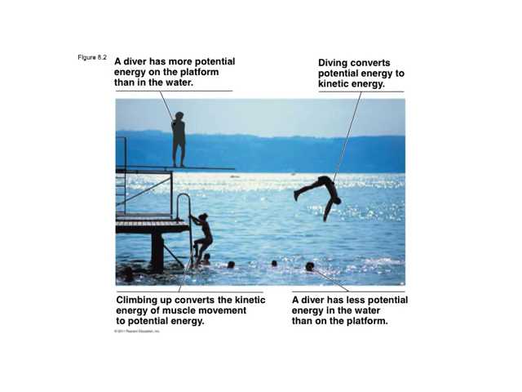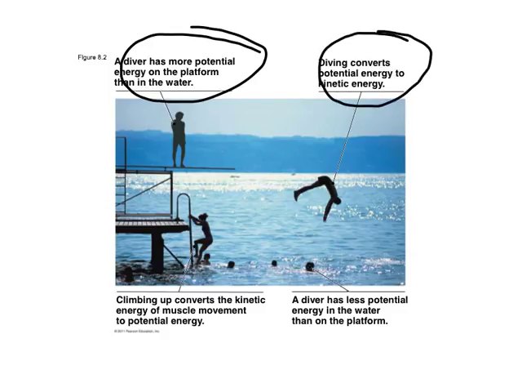In this picture right here, it shows us the different types of energy, just as an example of swimmers and divers on this lake. So you've got a diver who has potential energy on the platform that is more than those in the water. You have potential energy converting to kinetic energy. Okay, once that diver gets into the water, that diver has less potential energy in the water than the person on the platform.